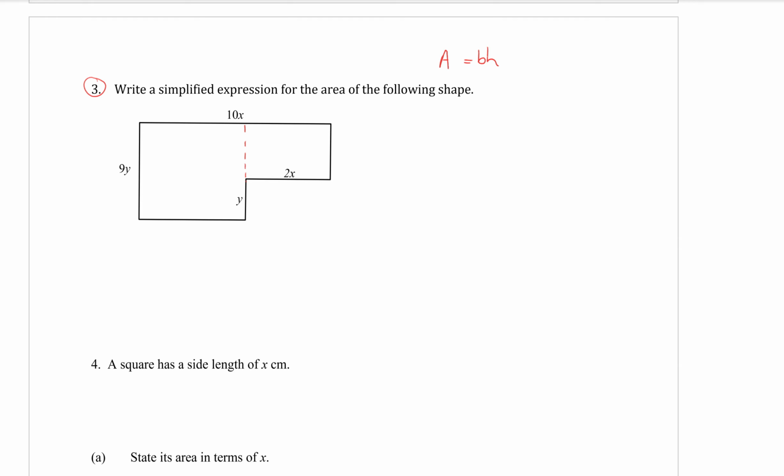If it's 10x for this whole distance, if I subtract off that 2, 10 take away 2, that part there is 8x. So this first rectangle, using BH, the base is 8x, times the height, which is 9y.